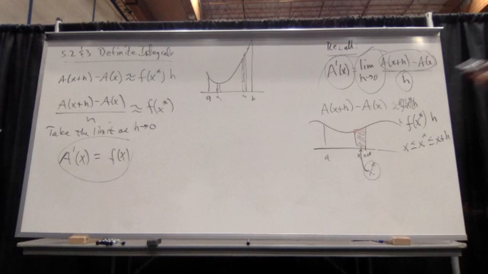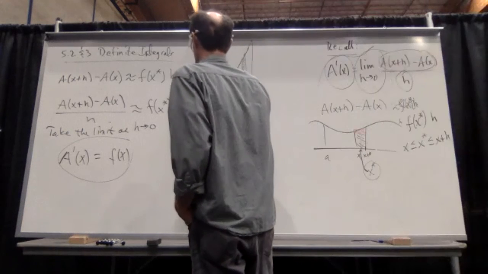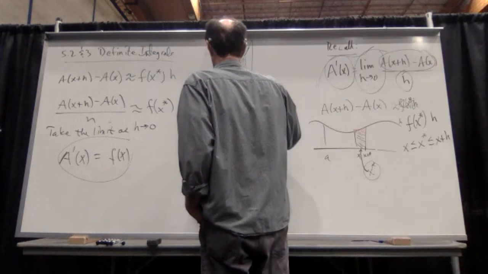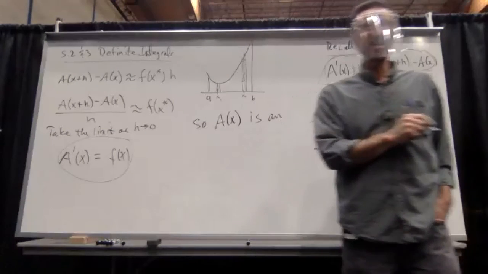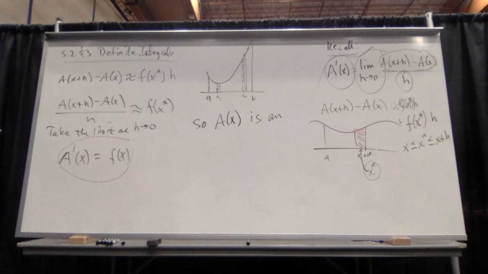What does that tell us about big A? I'll give you a hint. What's its relationship to little f? It's an antiderivative, because when I take its derivative, what do I get? I get f, little f.